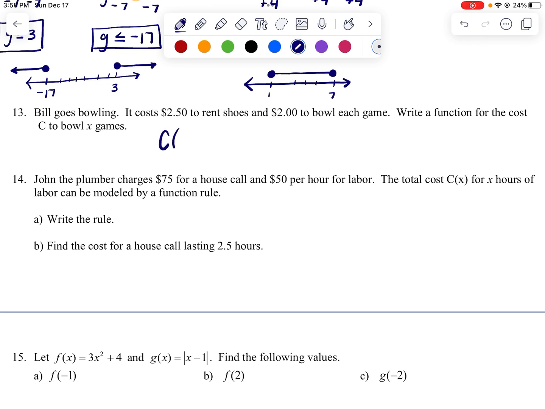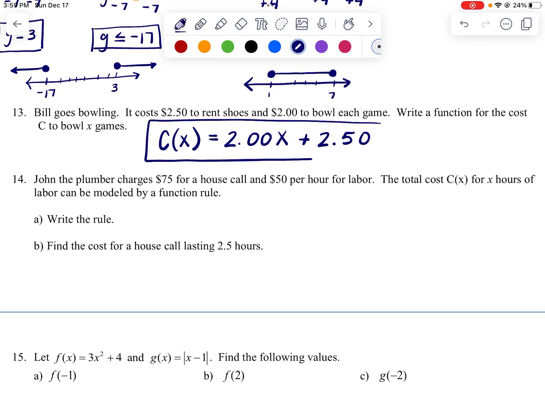So the cost of bowling, C of X. It's similar to F of X, the cost of bowling, or you could really just say C is equal to, they mean the same thing. Okay, the cost of bowling is $2 per game. Plus a flat $2.50 for him to rent his shoes.